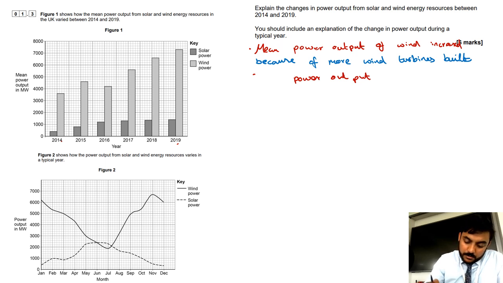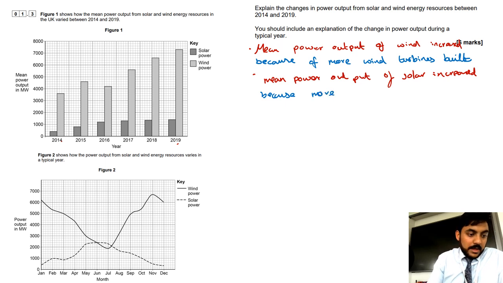Sorry, mean power output. Power output of solar increased, and the because has to be because more solar panels built.